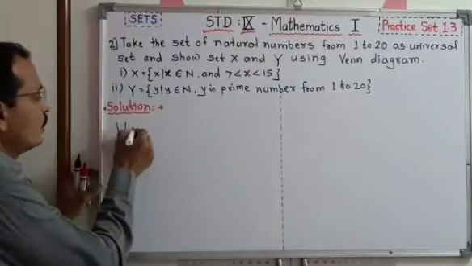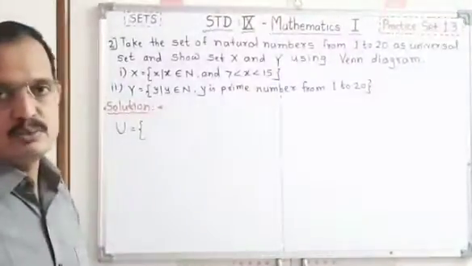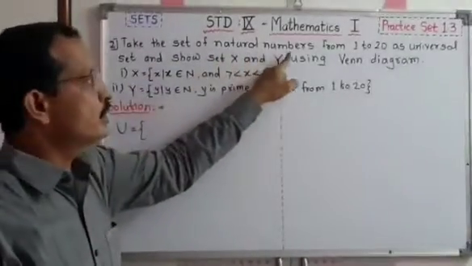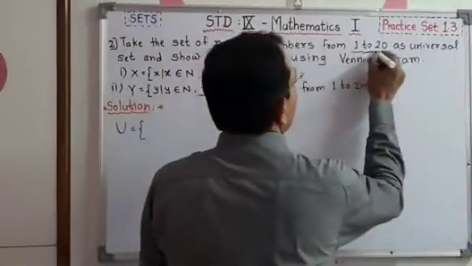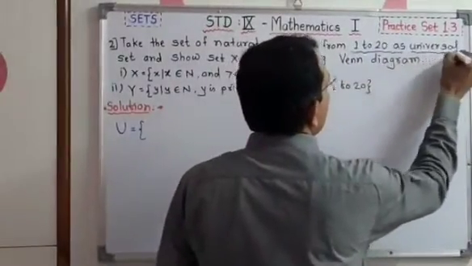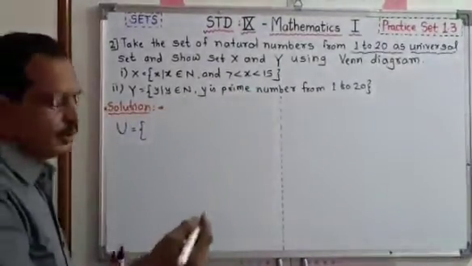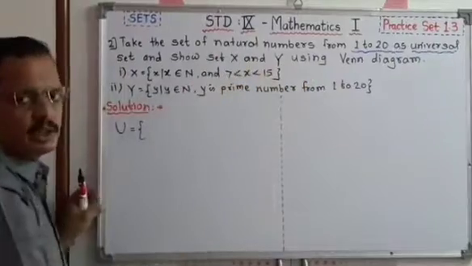Therefore, first of all, we have to write this set in list method. See again, the set of natural numbers, but which natural numbers? From 1 to 20. And this set we have to use as a universal set. Let's start with the universal set elements, 1 to 20, which are natural numbers.